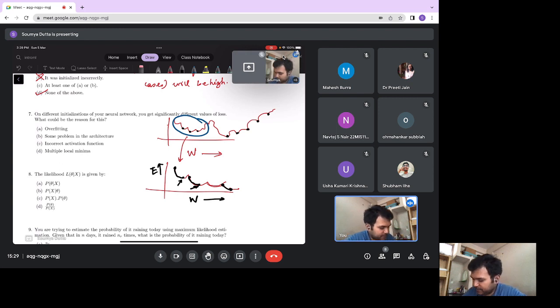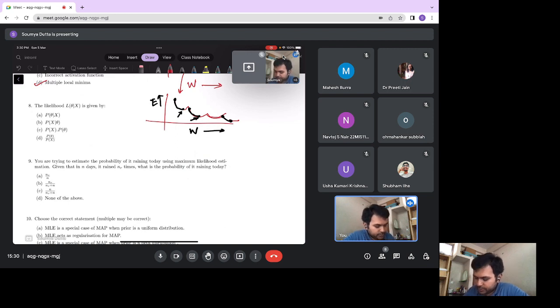So you see that depending on where you initialize your model, you might reach completely different points with completely different loss values, and the reason for that is you have multiple local minima appearing in the loss curve, and depending on where you start, you can reach any one of them. Therefore you can have significantly different values of your loss, and therefore option D is correct, multiple local minima.